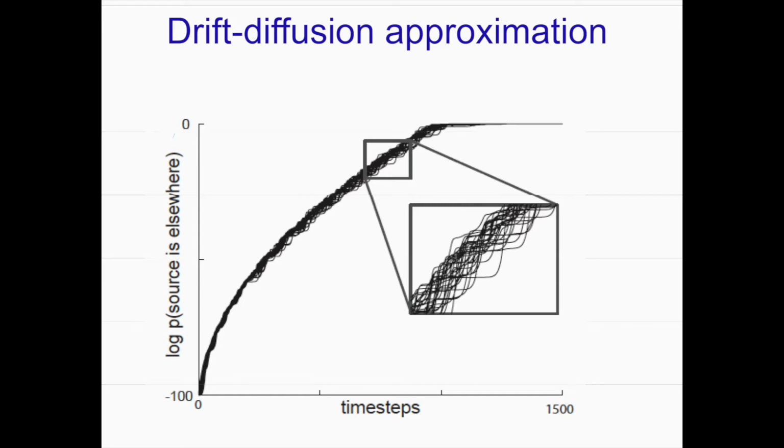One clue we obtained came when we looked at what happens to the probability distribution that food is not located within the immediate area, but is actually located elsewhere.